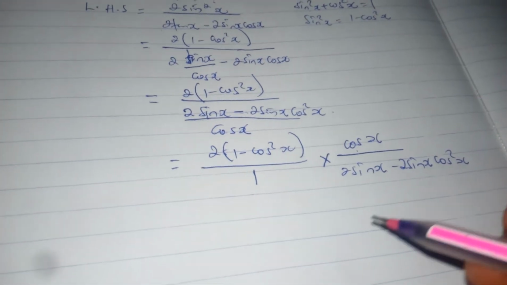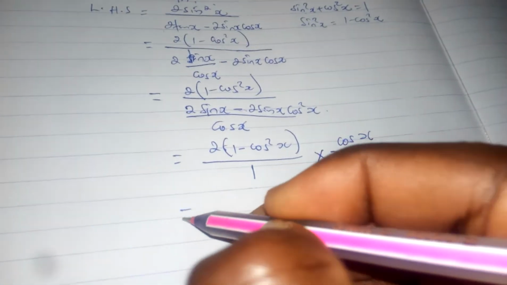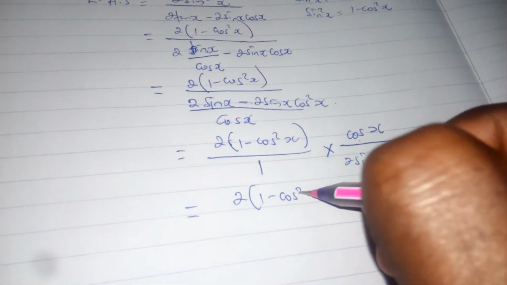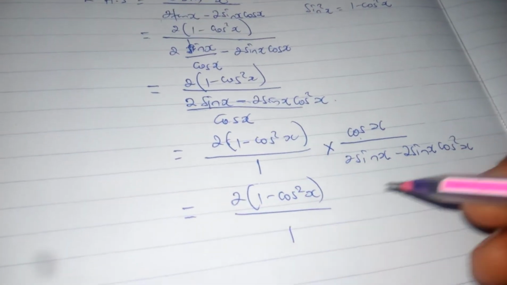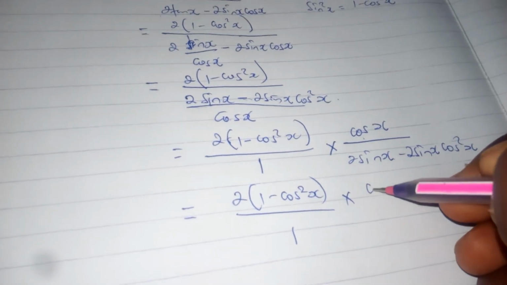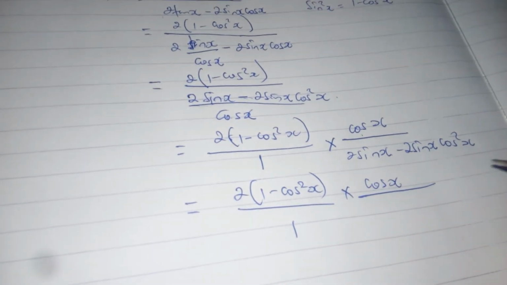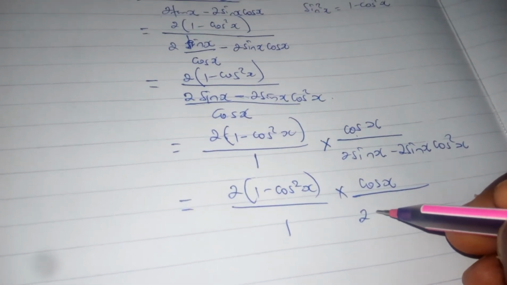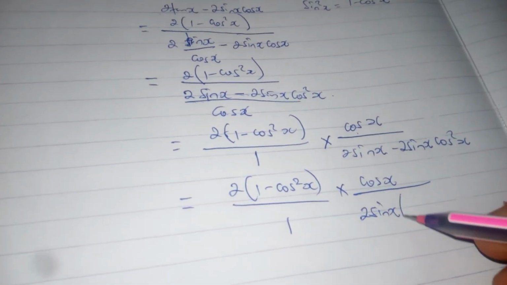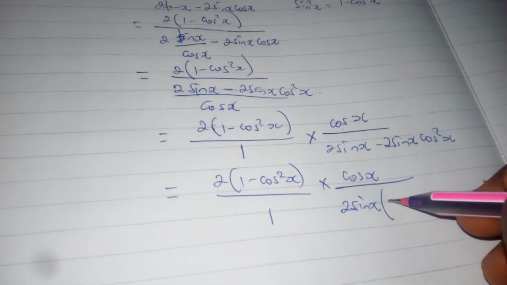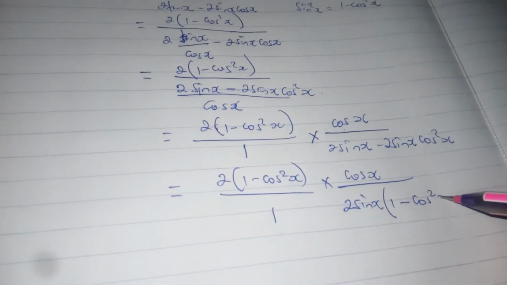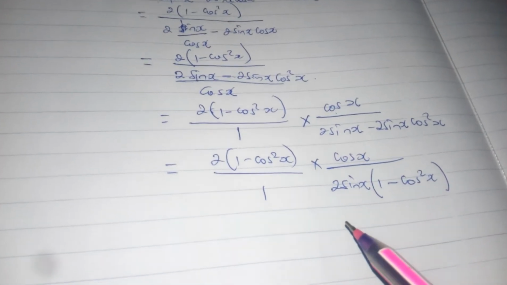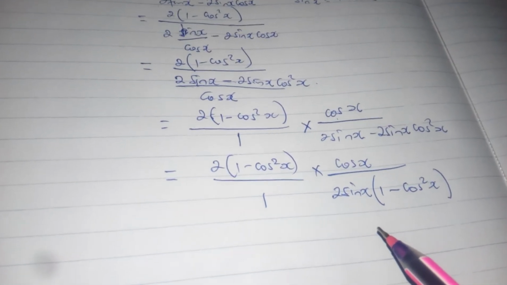What next? That will still remain like that: 2 into 1 minus cos squared x out of 1 times cos x out of what do we have there? We see 2 sine x being a common factor. Factorize it out, and remain with 1 minus cos squared x there. You can see that we have 1 minus cos squared x up and as well down.